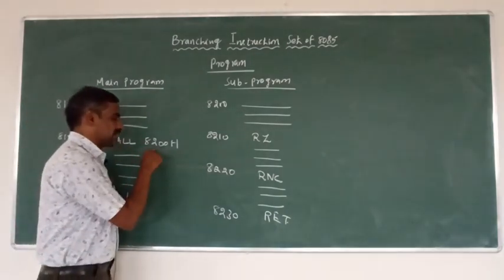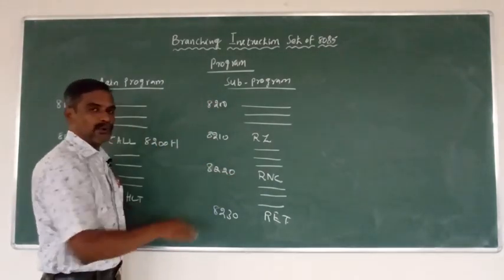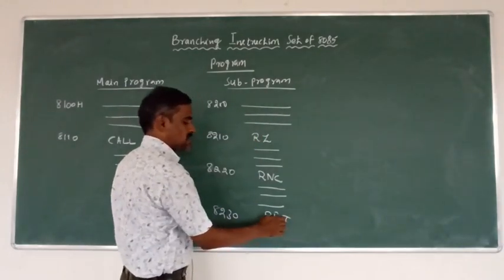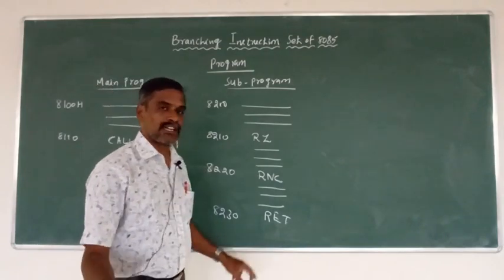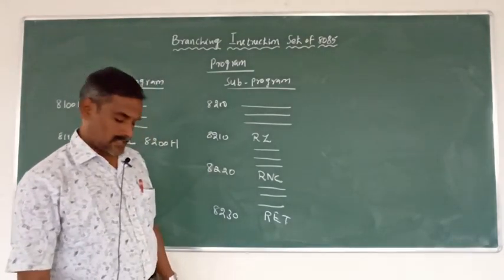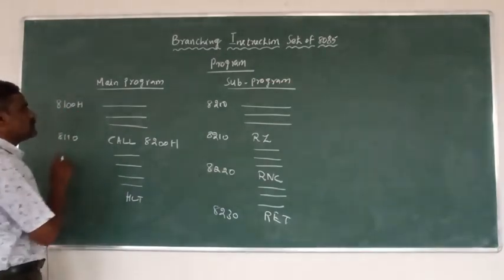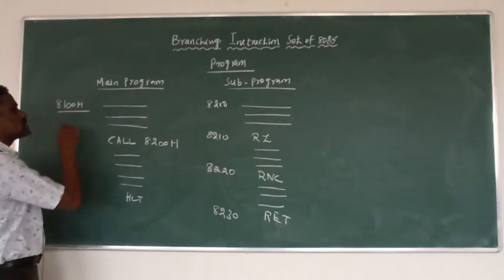We have to call the program at the given 16-bit address location, the subroutine program. At the end of the subroutine, we always write an unconditional return instruction.